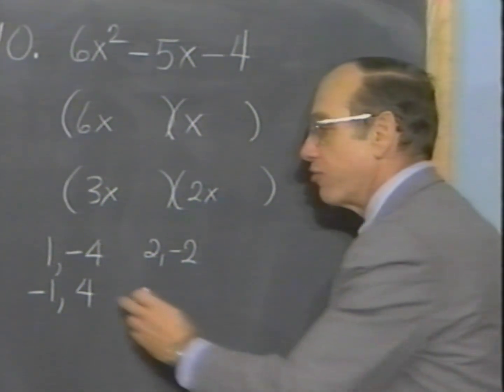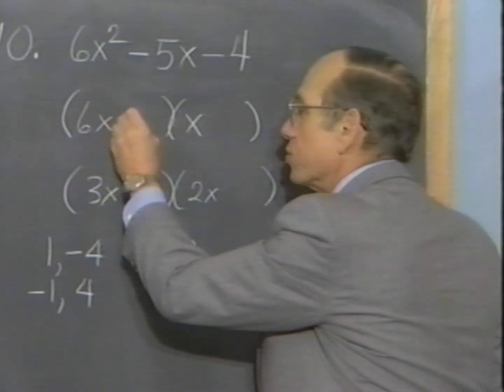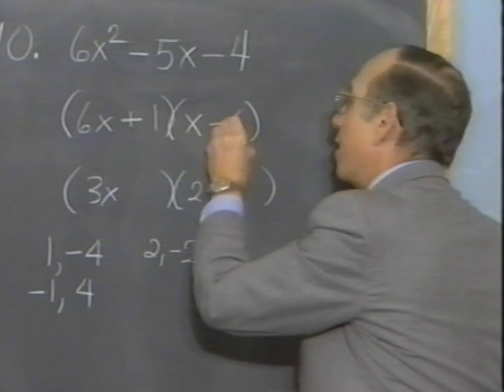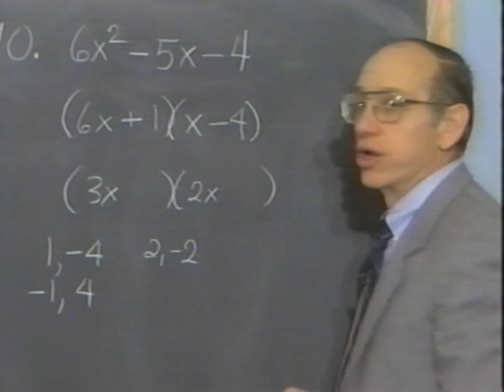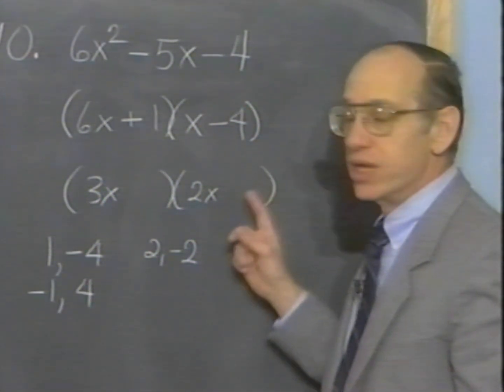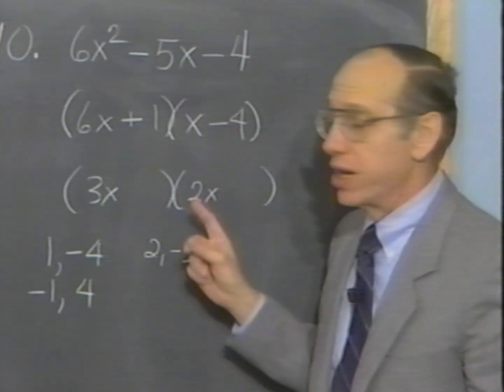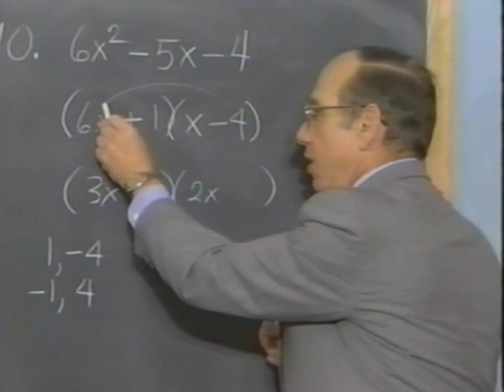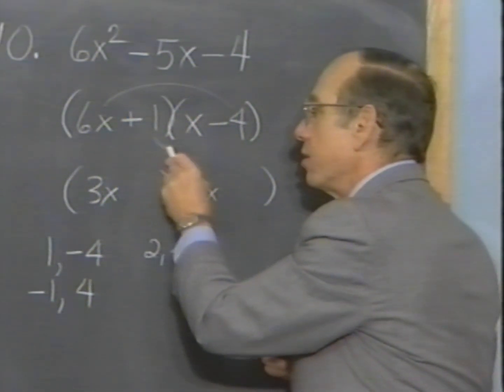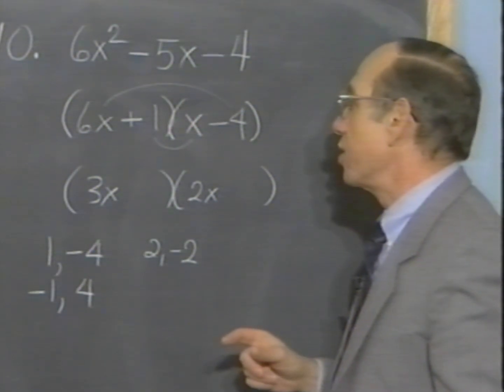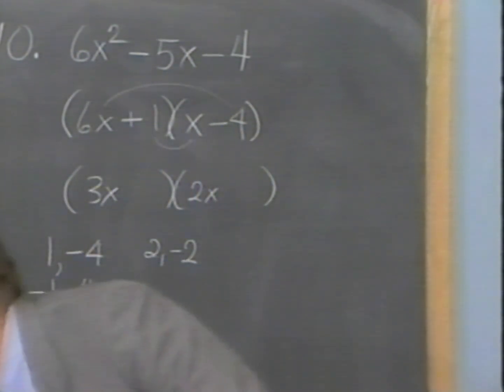So let's start right out with 1 and minus 4. So we'll try plus 1 here and minus 4 here. And we're going to have to check the middle term, and we're going to try to do this quickly in our heads. This is minus 24x here, plus x is minus 23x. That's not right.